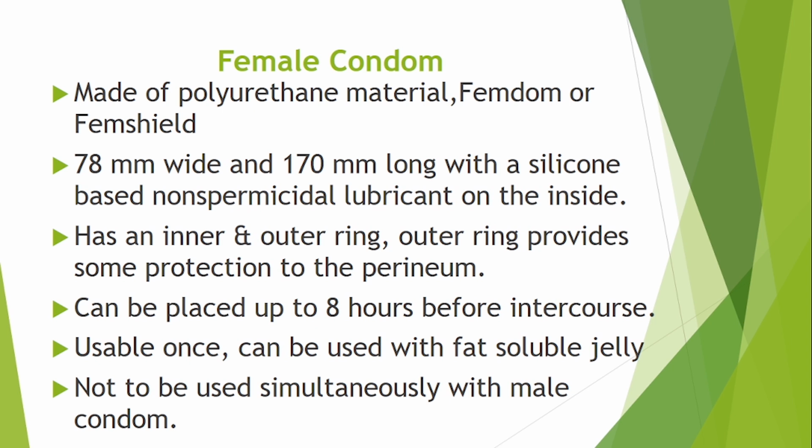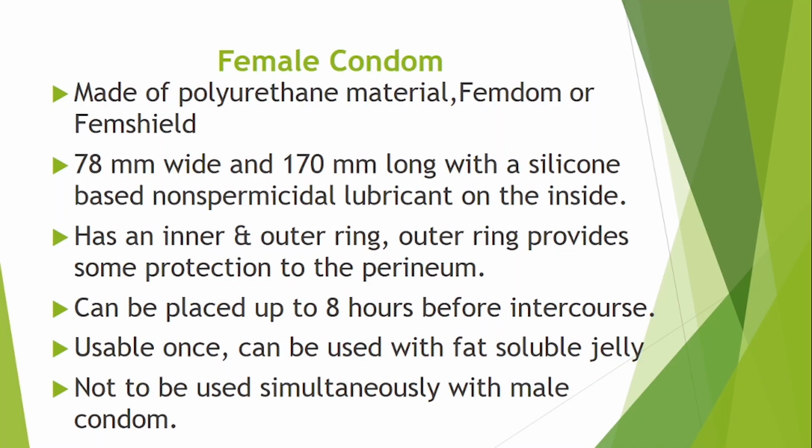The outer ring provides some protection because part of it sits on the perineum, so it provides protection for the perineum from sexually transmitted diseases. It can be placed up to 8 hours before intercourse, so the woman has some degree of control. She doesn't need to wait until it's time to have intercourse before placing it.